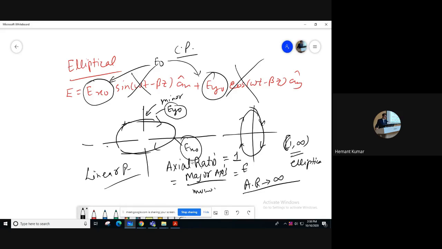So this is very simple, the wave polarization, very simple. And you may see this type of question in the GATE. You just need to find out which polarized wave it is, whether linear, circular, or elliptical.